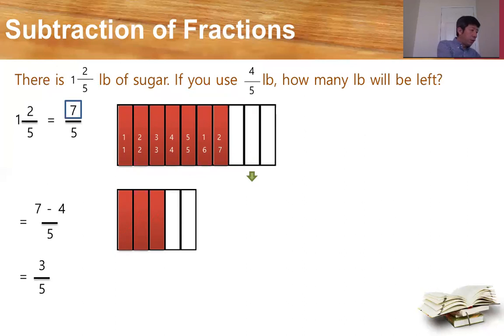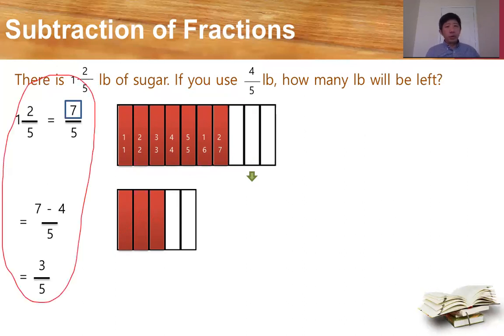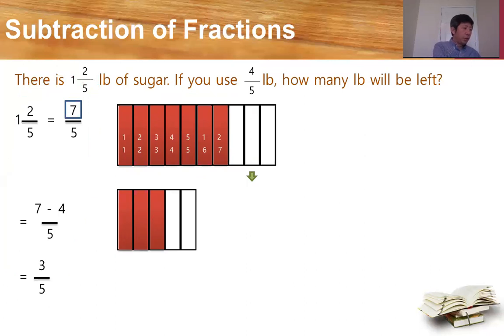So therefore, look, this is to show you the procedural knowledge. Now conceptually, you're gonna show the picture of how many you have in total, all right? How many you have in total, and you want to take away.